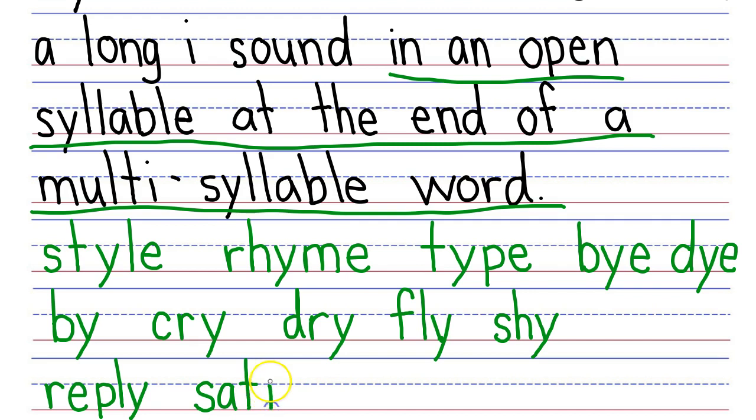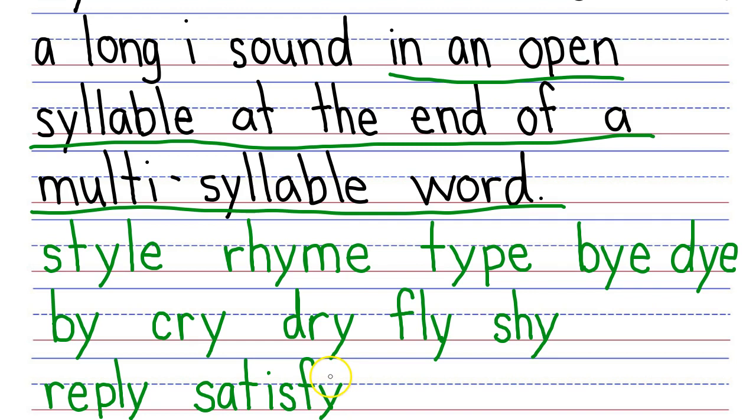Second syllable, is. This is also a closed syllable. It ends with a consonant S, so the I makes its short I sound, I. And fy. Here we have an F that says f, and a vowel Y. We know it's a vowel because it's not at the beginning of a word or a syllable. Instead, it's at the end of a word and at the end of a syllable.